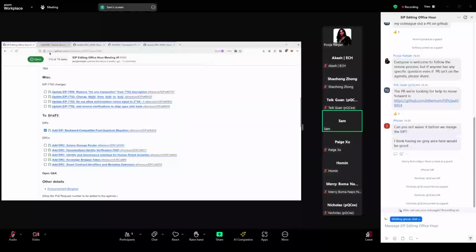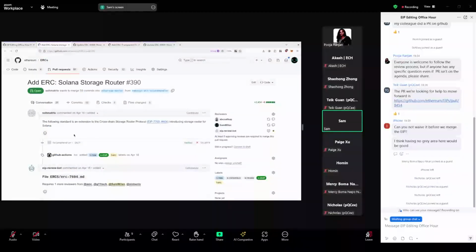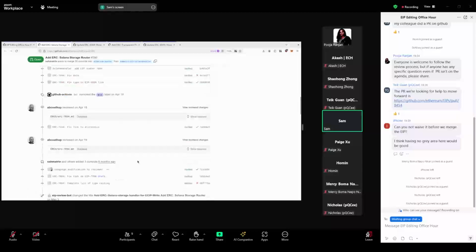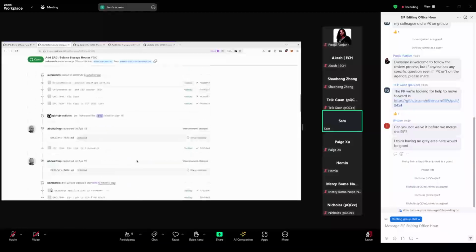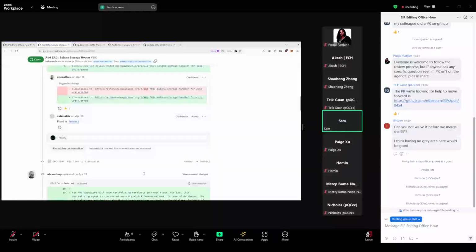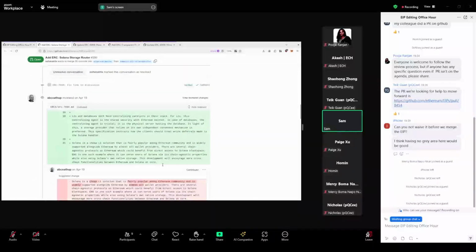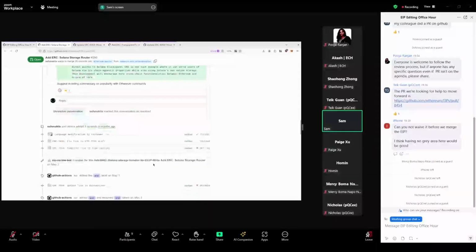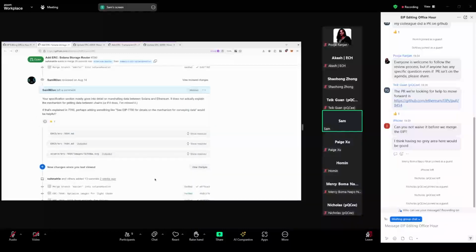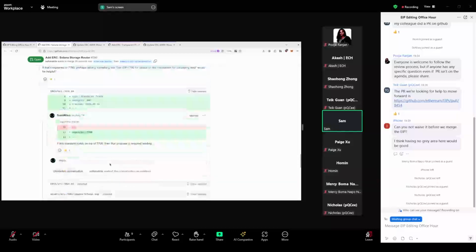Cool. So the following statement is an extension to the cross-chain storage router protocol, introducing storage router for Solana. Okay.